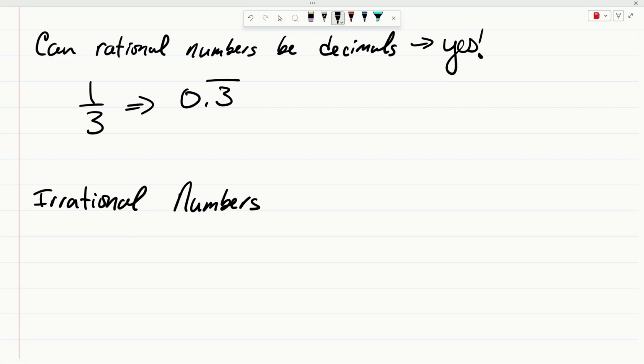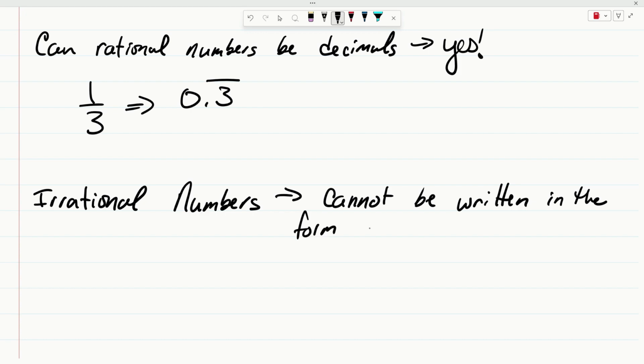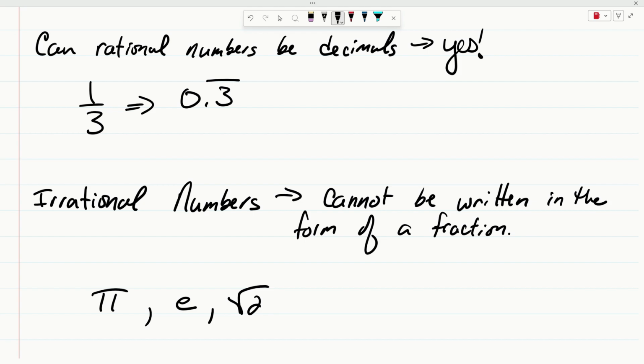Okay? And irrational numbers, quite simply, the way we define them, they cannot be written in the form of a fraction. So the most famous, pi. All right? Another one, e. Another one, the square root of 2, and so forth.